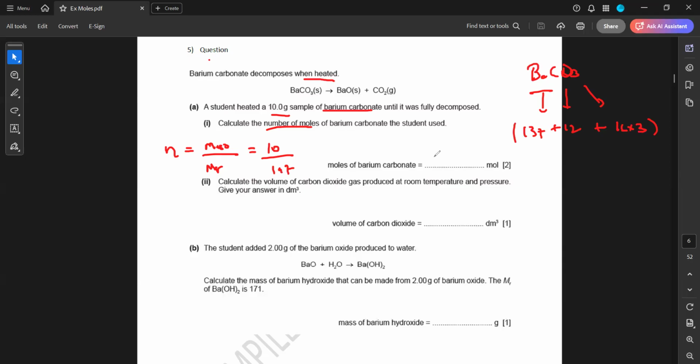When we divide, we get 0.0508 moles of barium carbonate.